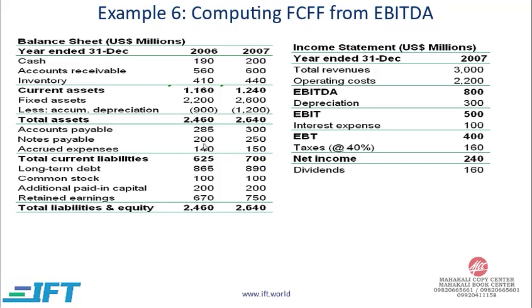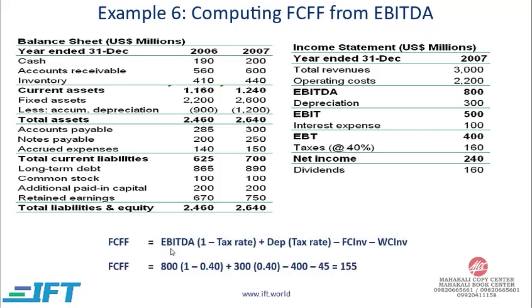All right, on this particular slide, I've actually shown all the relevant data. If we compute FCFF now from EBITDA, the EBITDA is given, 1 minus tax rate, the tax rate is given. This is the depreciation tax shield, which we saw earlier. So the depreciation is given, tax rate is given.